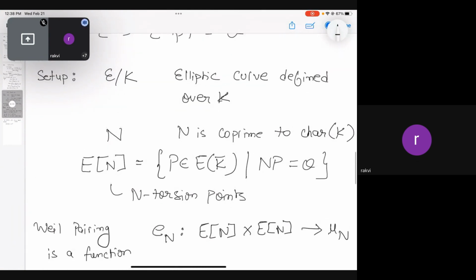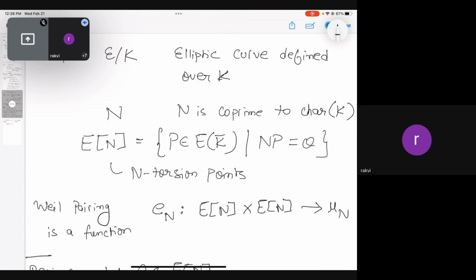It's not immediately obvious that when I collect all the n torsion points, I get precisely n square points, at least from the approach where we see elliptic curves in the form of an equation that we get using Riemann-Roch.